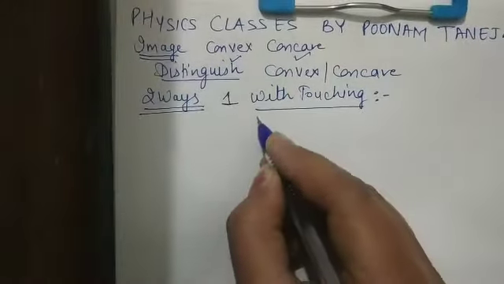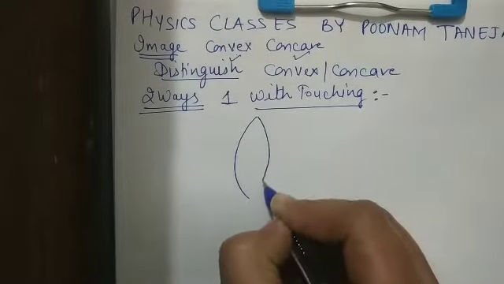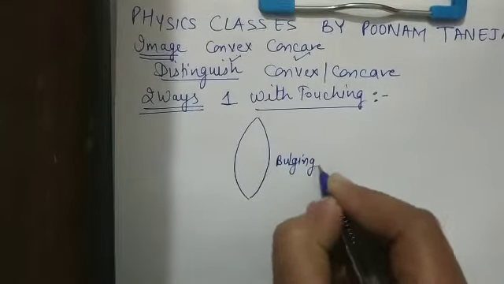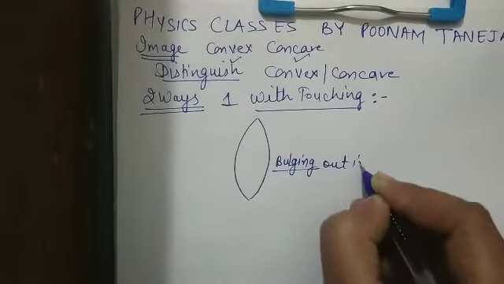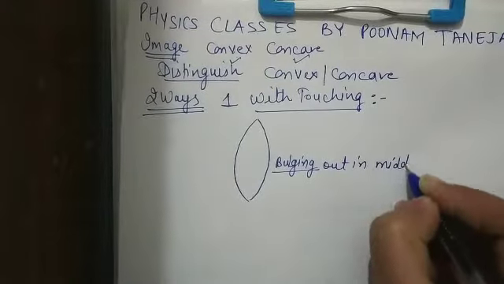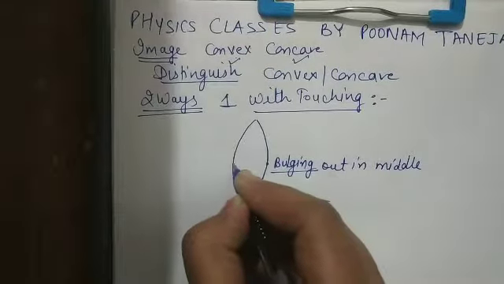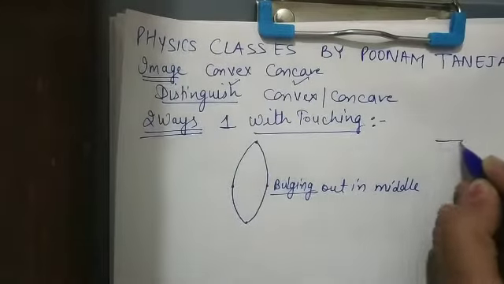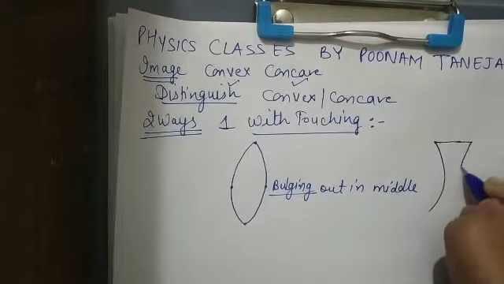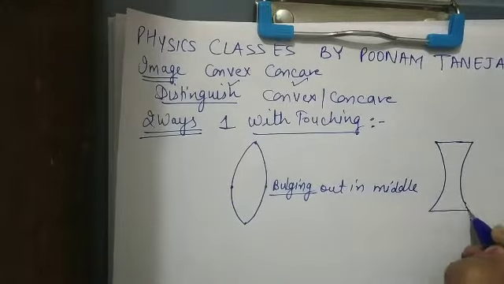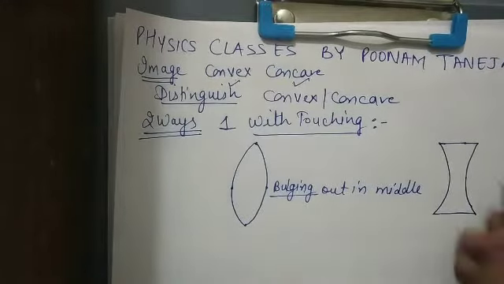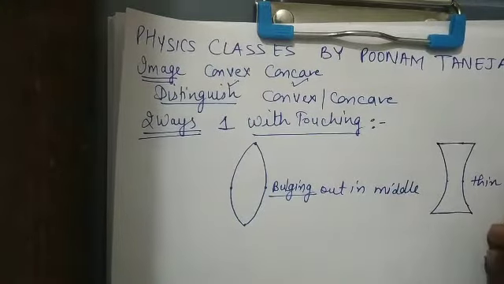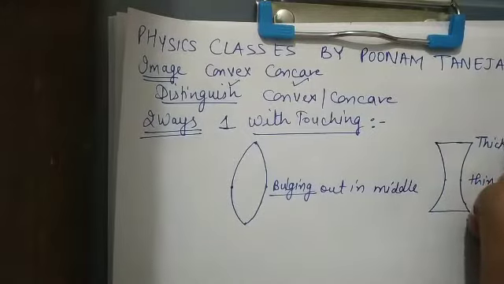As I have told you, convex lens is bulging out in the middle. Bulging out in middle means it is having a bulk in the middle and it is thinner at the edges. But as compared to the convex lens, when I am touching the concave one, it is having depression in the middle, means it is thin in the middle and thick at the edges.